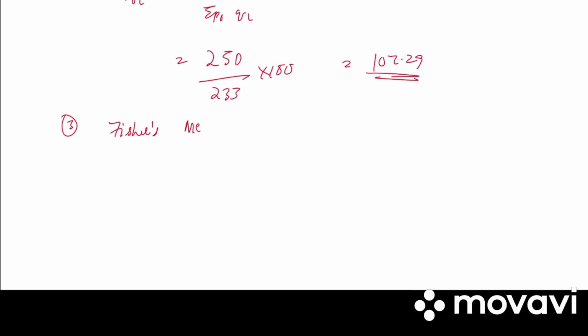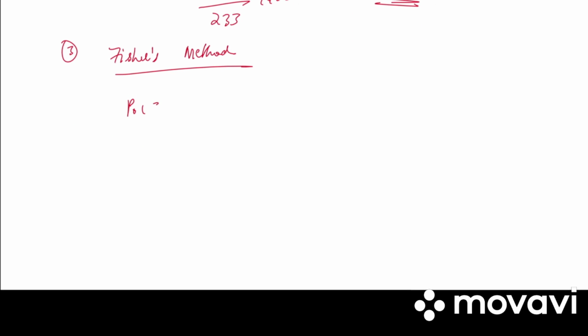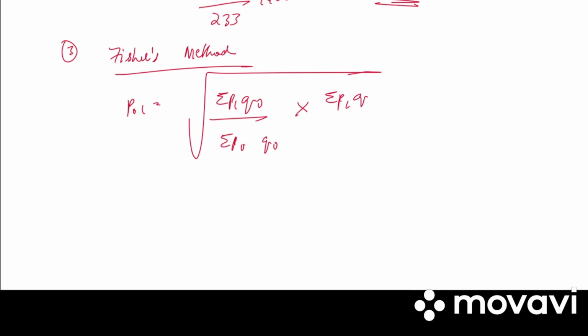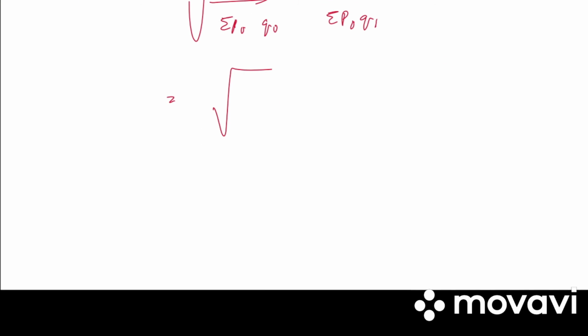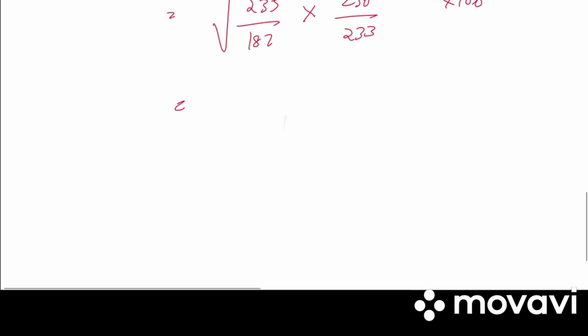Last, third we have Fisher's method. P01 is equal to square root of summation P1 Q0 divided by summation P0 Q0 into summation P1 Q1 divided by summation P0 Q1 into 100. So square root of 235 divided by 187 into 250 divided by 233 into 100.